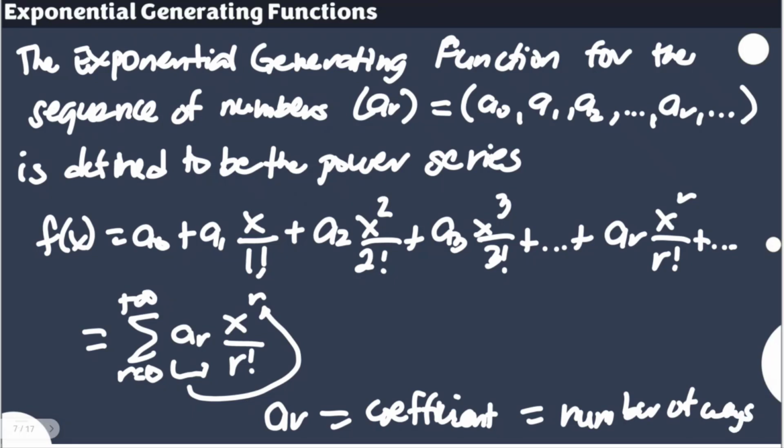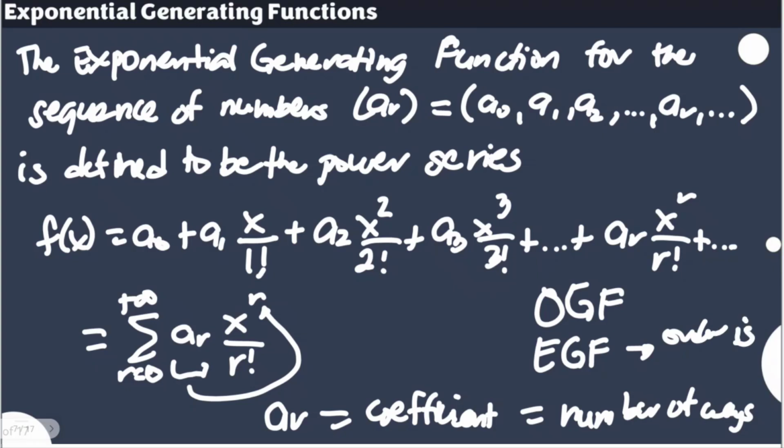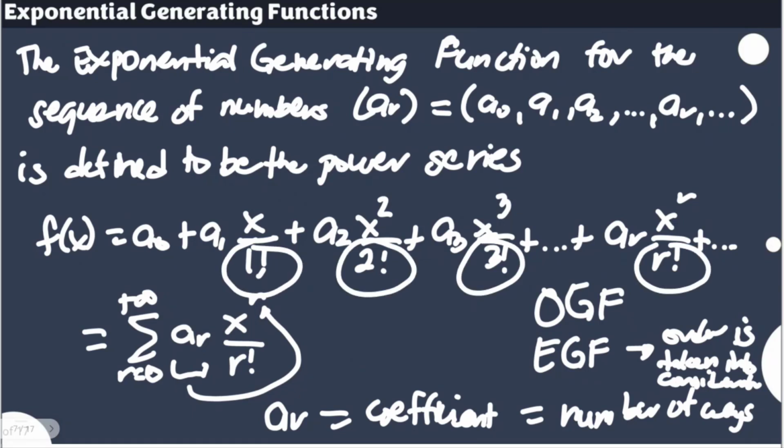Now the additional difference is that for the ordinary generating function, the order of such arrangements doesn't matter. That's why it's closely similar to the combination of all the given r members or r selections. But for the exponential generating function, order is essential, or order is taken into consideration. This is why we have sets of r factorials per term to meet that standard.